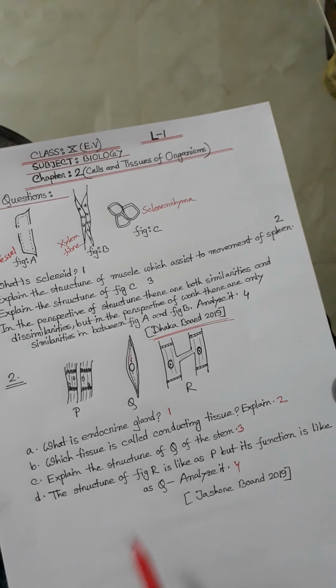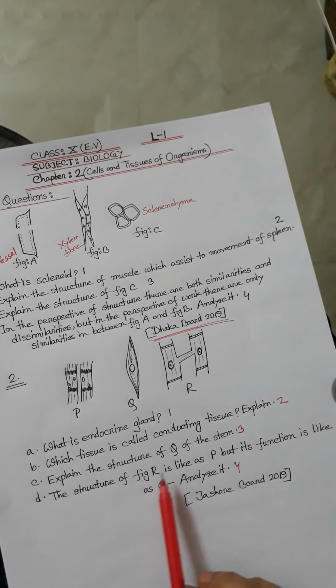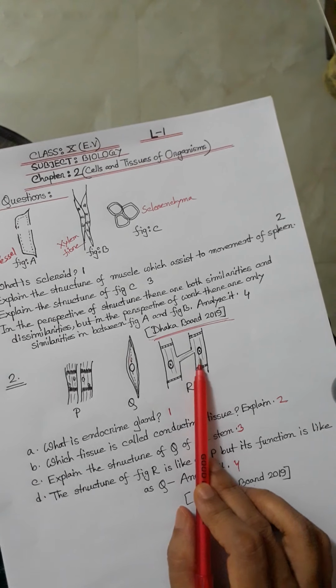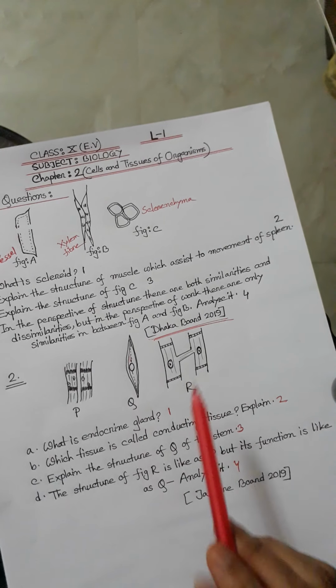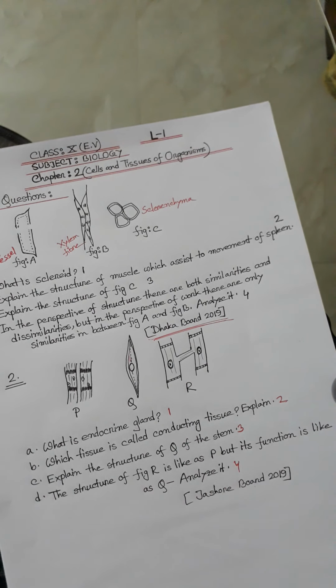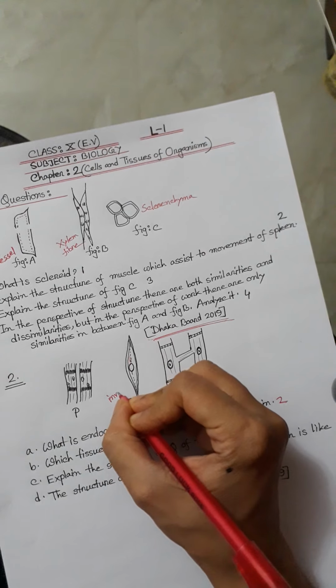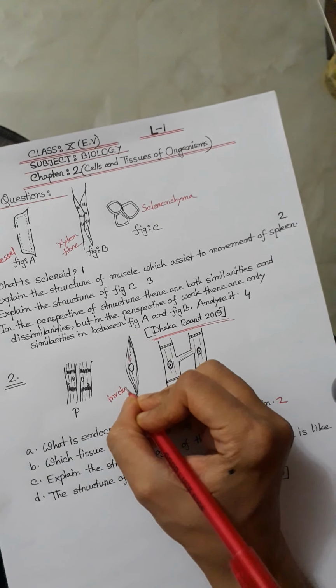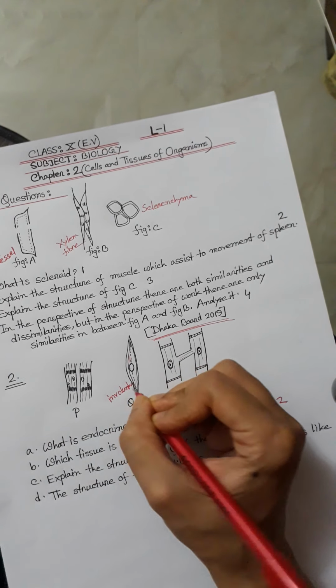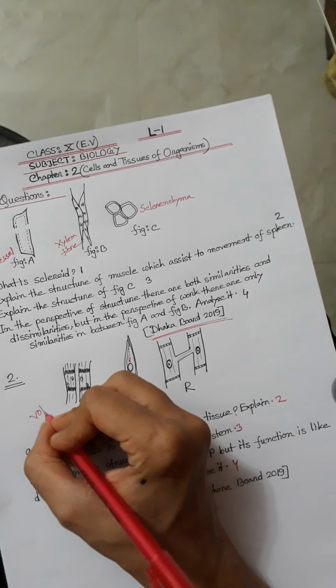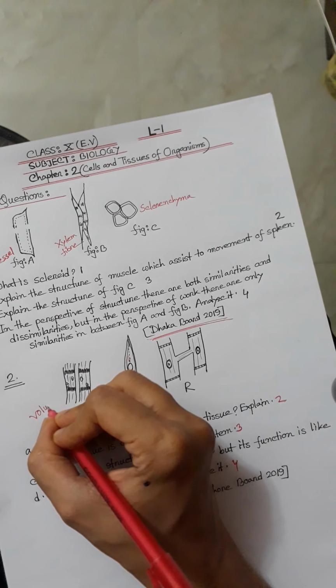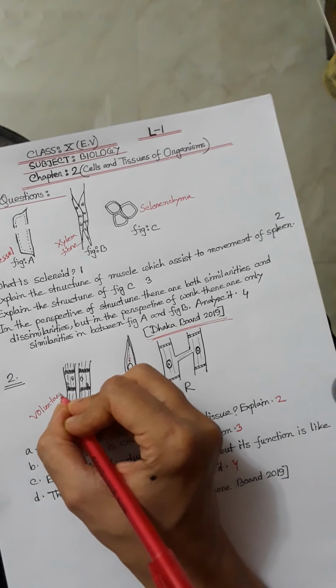Then go to D: the structure of figure R. Here figure R is cardiac muscle. This is involuntary, Q. This is voluntary.